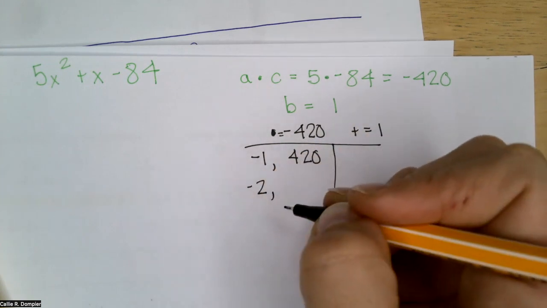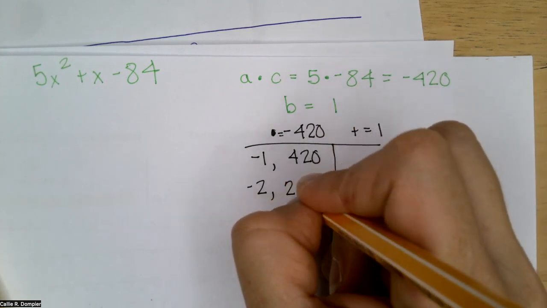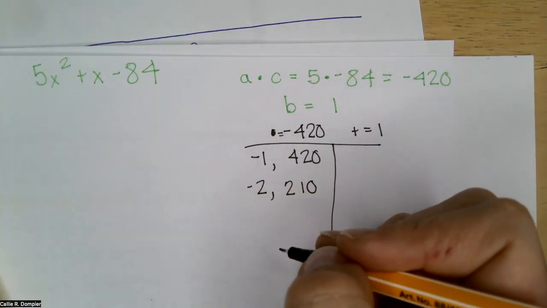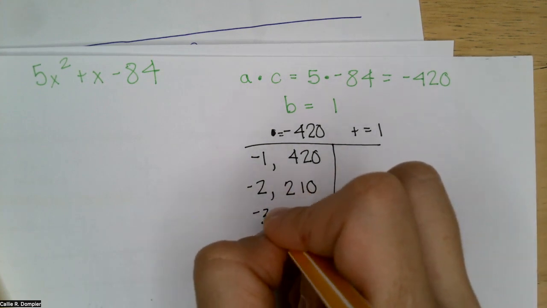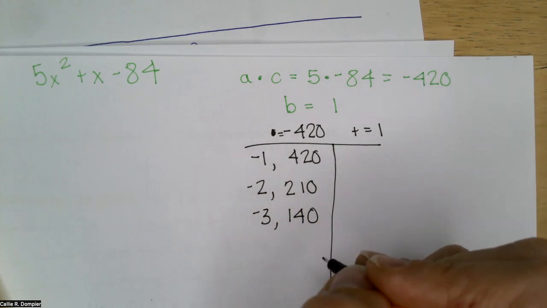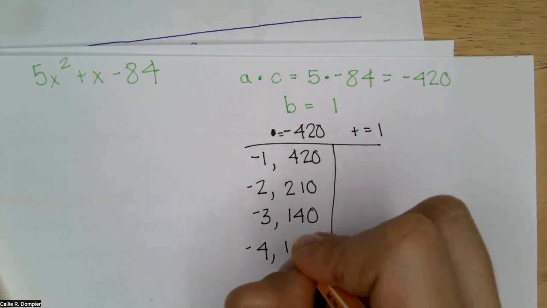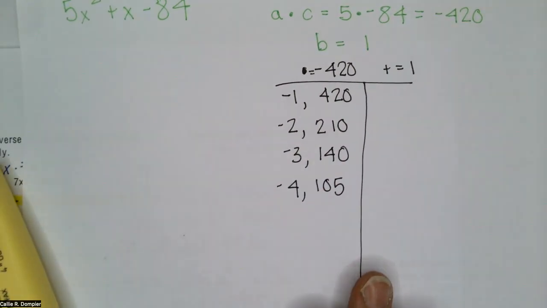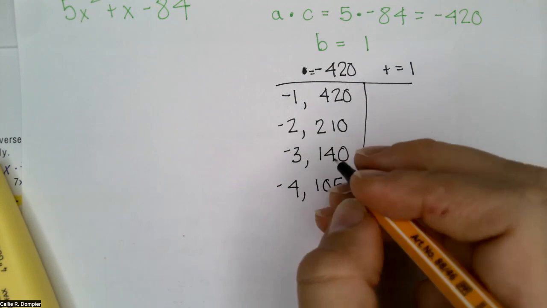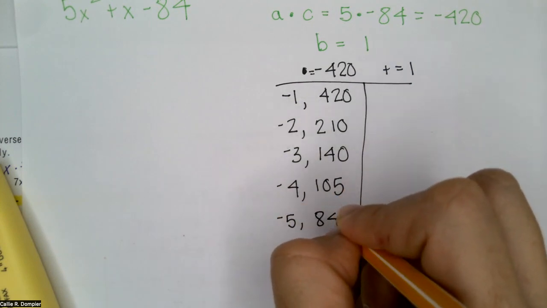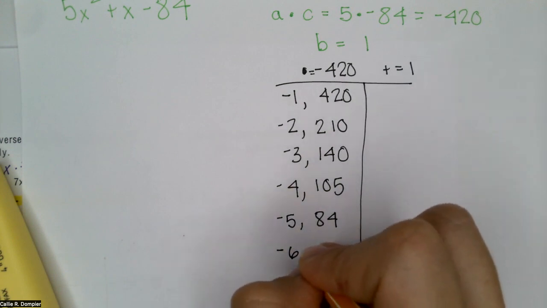Negative 2, what's 420 divided by 2? 210. 420 divided by 3 is 140. 420 divided by 4 is 105. 420 divided by 5 is 84. 420 divided by 6 is 70.